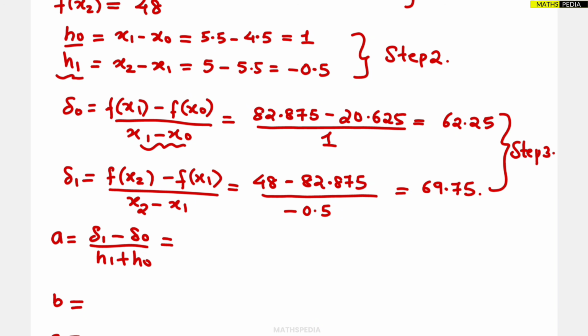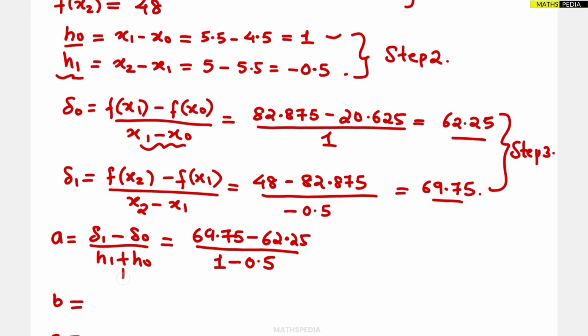Delta 1 value we already have, 69.75, minus delta naught value, 62.25, divided by h1 plus h0 value. We already have 1 and minus 0.5. So 1 plus minus 0.5, it is 0.5. So what will be the answer of A? You will be getting the answer as 15.